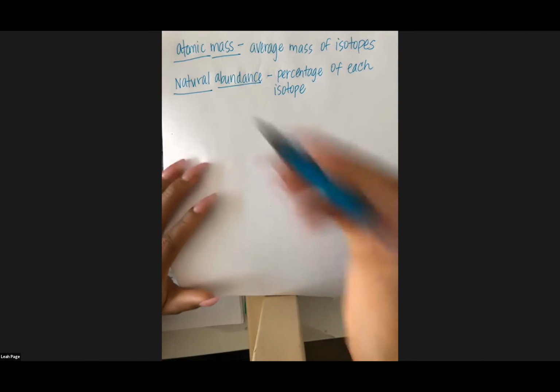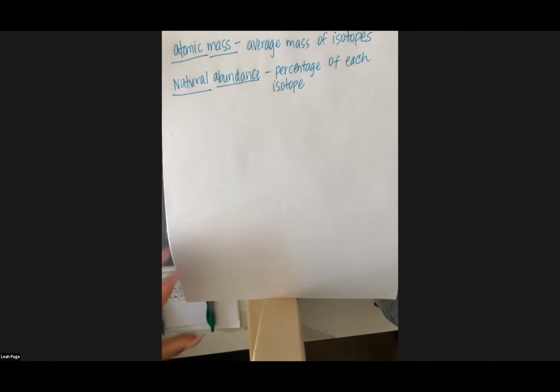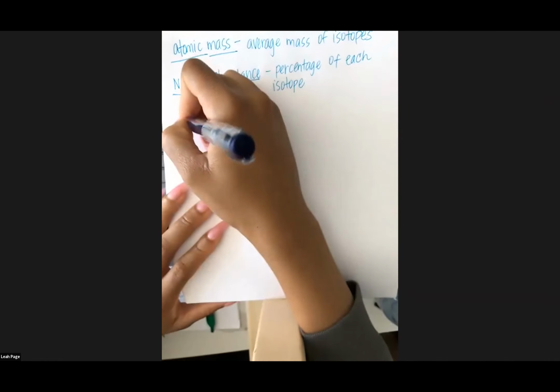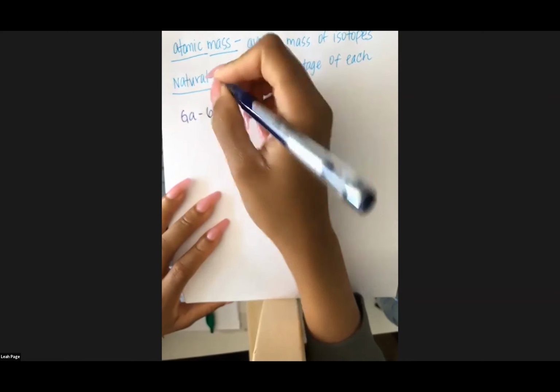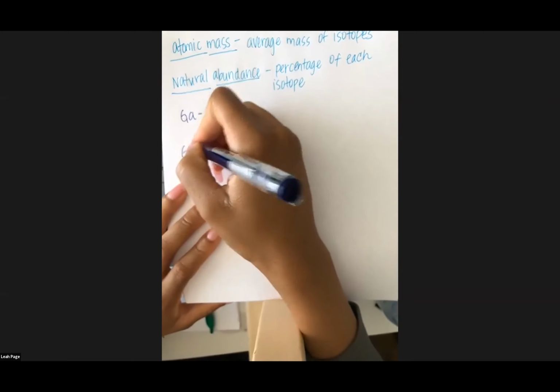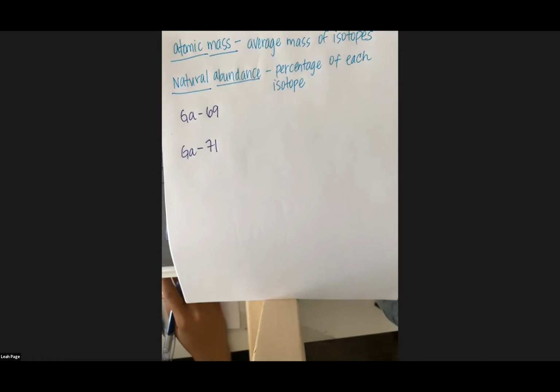So for example, gallium has two isotopes. You have gallium 69 and you have gallium 71. These are the two isotopes of gallium. If we look on the periodic table, gallium is number 31.